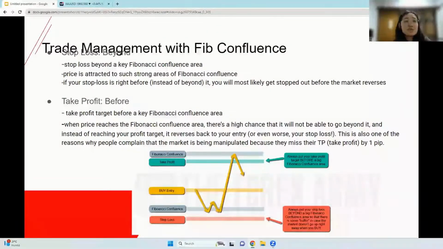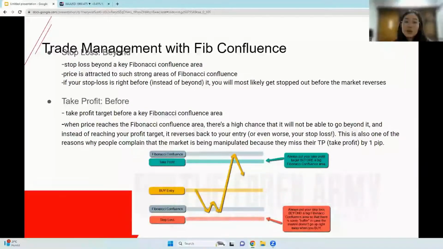And this is the reason for it. Price is attracted to strong areas of Fibonacci. When we're talking about confluence here, we're talking about Fibonacci confluence, but it could be confluence for anything.